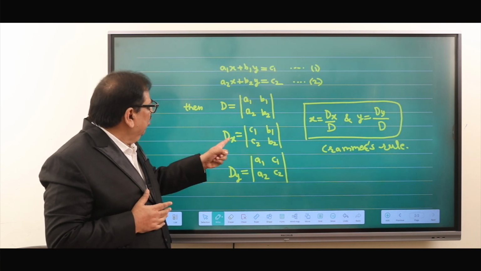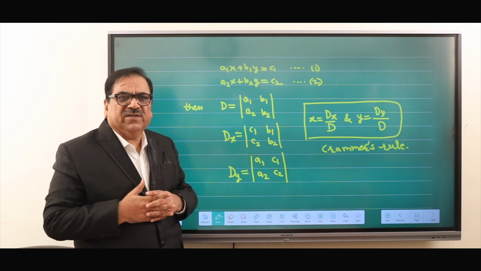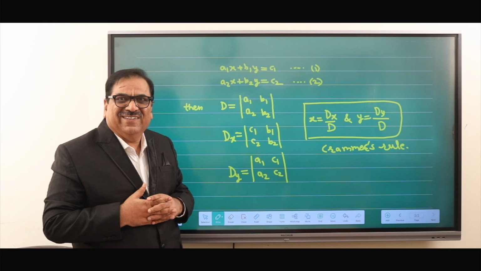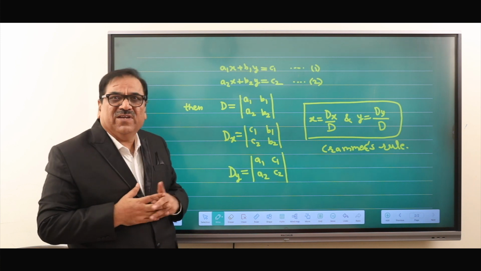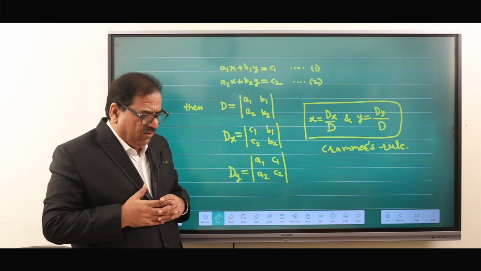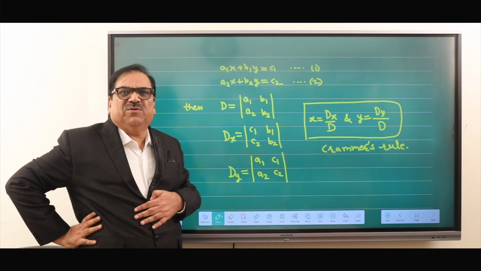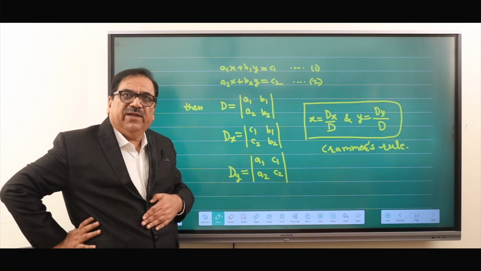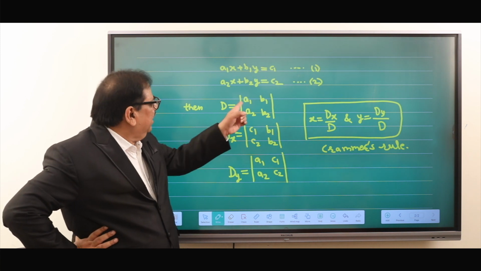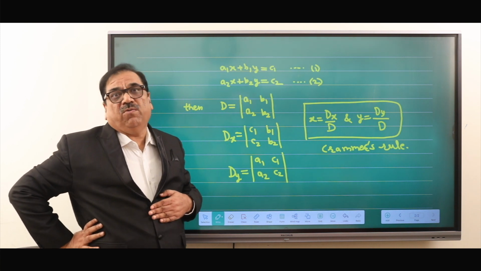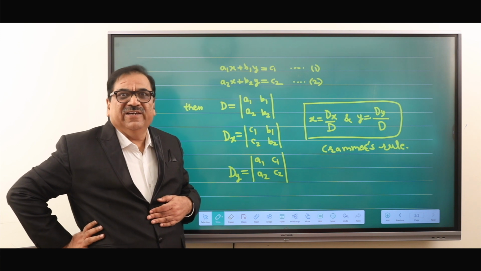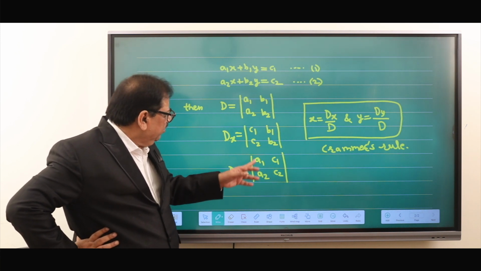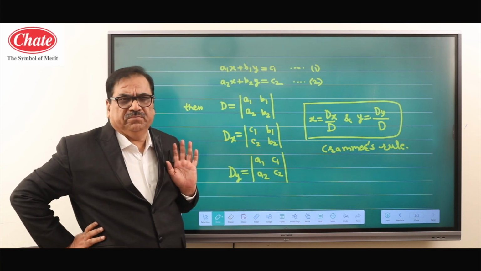In Dx, the coefficients of x are replaced by constants, c1, c2, then b1, b2. And Dy means, in this determinant, the coefficients of y are replaced by c1, c2. Very simple. Dy is equal to a1, a2, c1, c2.